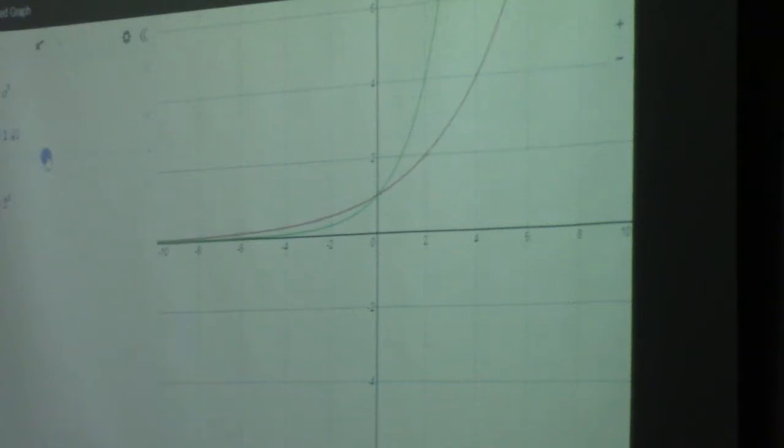So here's the story. If the base is larger than 1, then as x goes to infinity, the exponential blows up. However, if the base is smaller than 1, then as x goes to infinity, the function goes to 0. In all cases, there's a horizontal asymptote for these functions, but not in both directions, right?